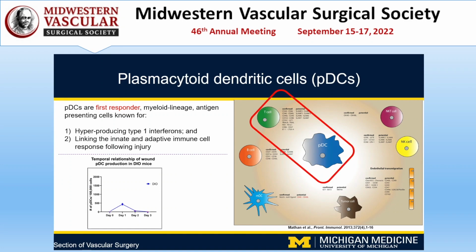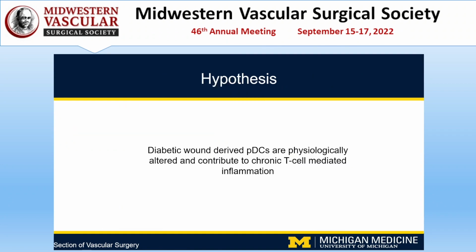In addition, they're known to produce a lot of type 1 interferons. I've highlighted the relationship that we postulated here, that PDCs are perhaps involved in priming these T cells towards an inflammatory phenotype. We therefore hypothesized that diabetic wound-derived PDCs are physiologically altered and contribute to chronic T cell-mediated inflammation.